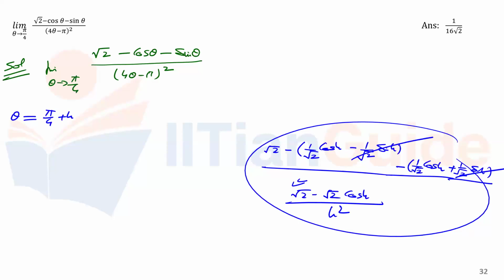No, 1 by 16 root 2. Okay, no, I'm getting not h square, I'm getting 16 h square in the denominator. ठीक है ना? Yes, sir. Denominator 16 h square होगा, 16 मैंने लिखा नहीं था. ठीक है? Yes, sir. हाँ चलिए ठीक है.